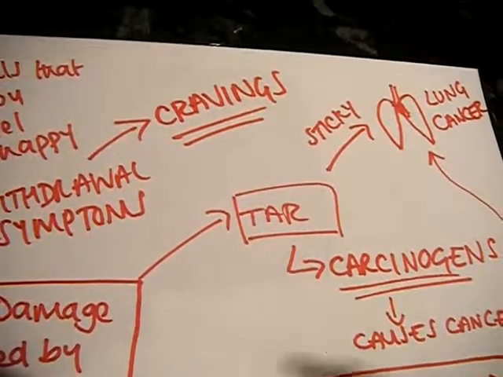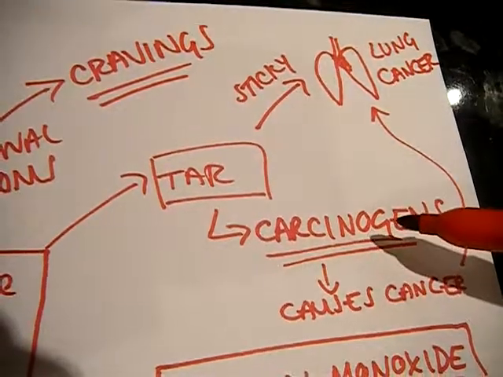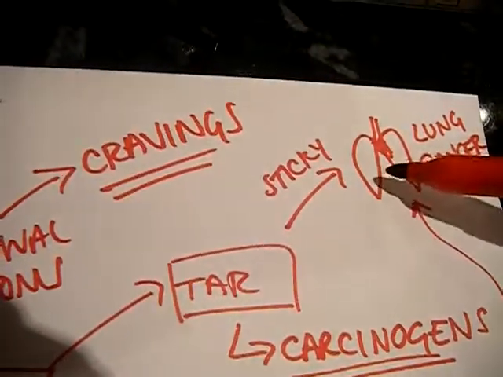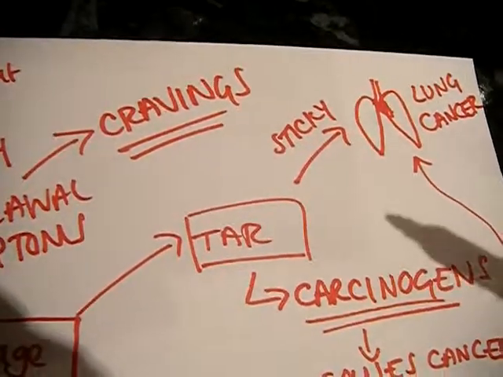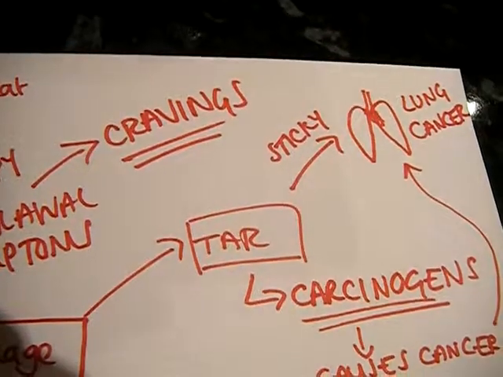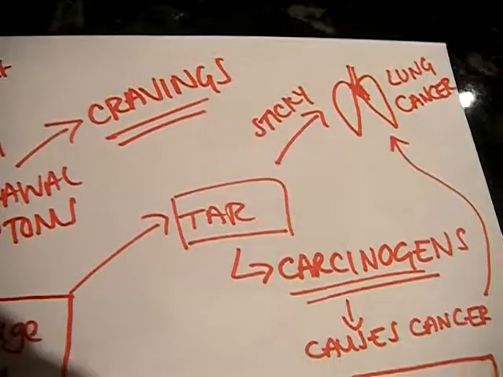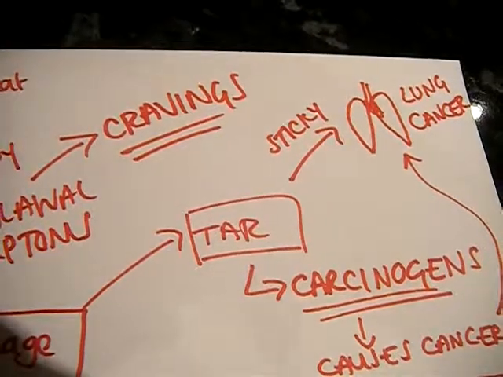So think about, if you're breathing in smoke, which contains carcinogens, they're also going to go into your blood. Because in your lungs, gas exchange is going to happen and it's going to enter your bloodstream. And that blood can go anywhere and everywhere in your body, wherever it's needed. And some of it will go to other organs, such as the bladder. And it will go into your urine and can cause cancers in the bladder when it's there.